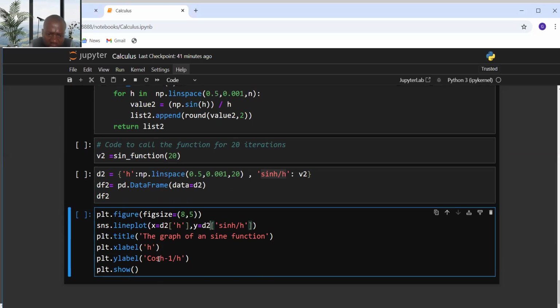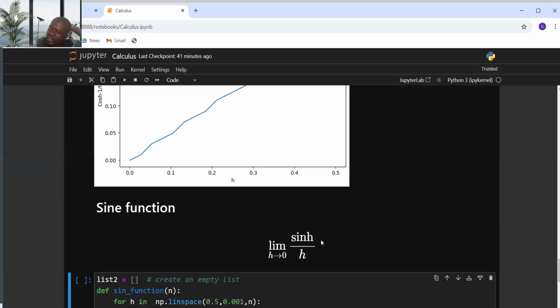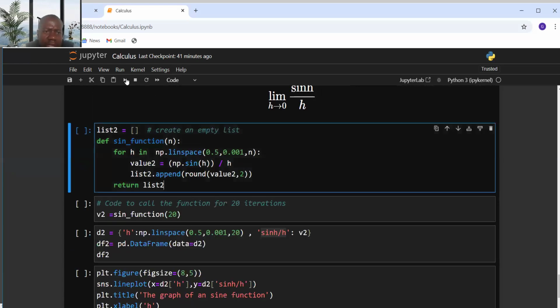Then here it will just be sine of h all over h. Then let's do the running. First of all, I'll compute this just to prove. We want to observe what will be the limit when h approaches 0 of sine h over h. Let's run this program.